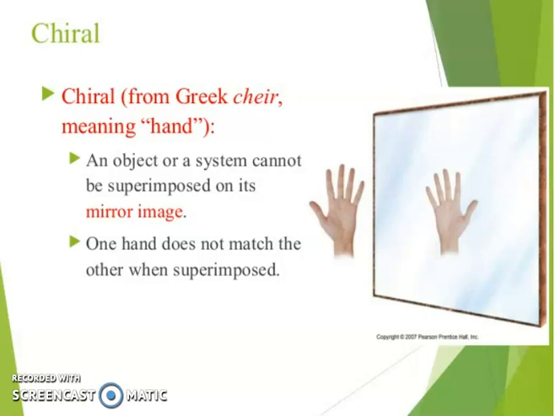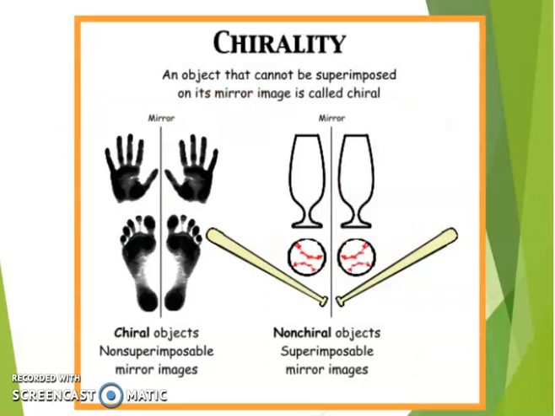An object that cannot be superimposed on its mirror image is called chiral; one hand does not match the other when superimposed. So a chiral object has a non-superimposable mirror image, while a non-chiral object has a superimposable mirror image.